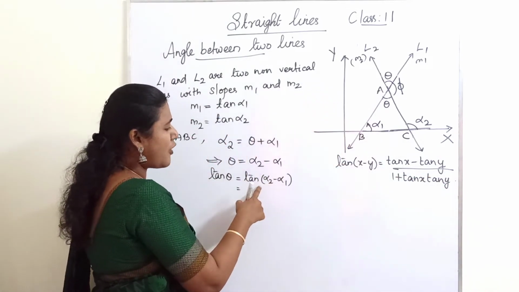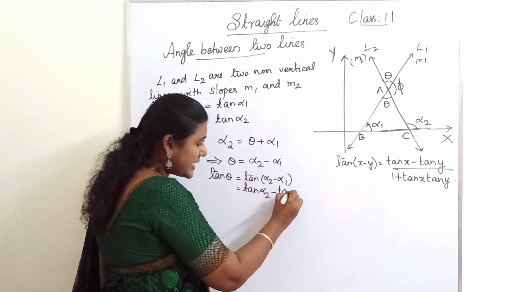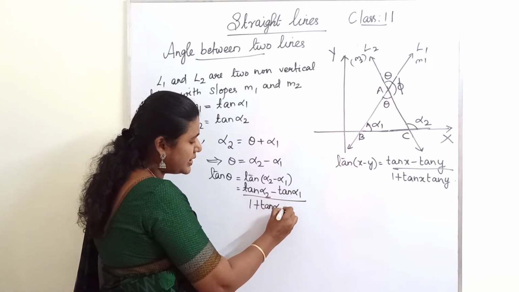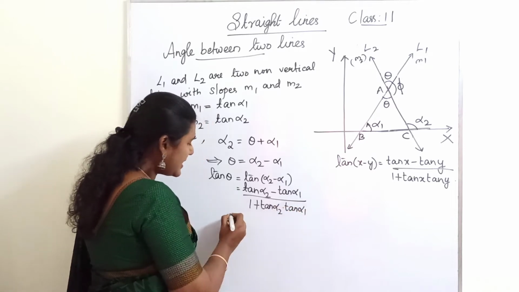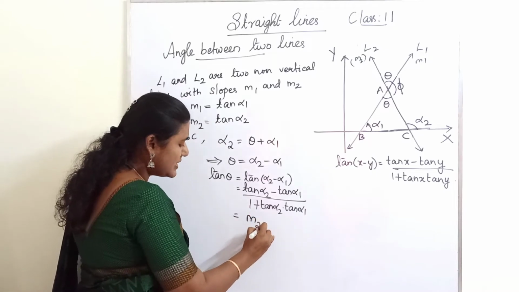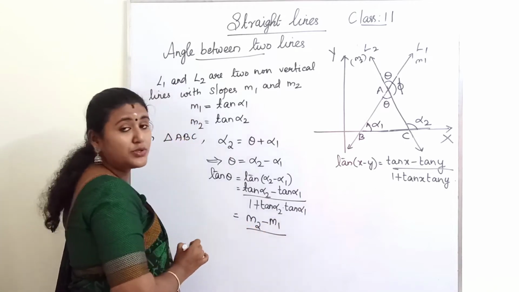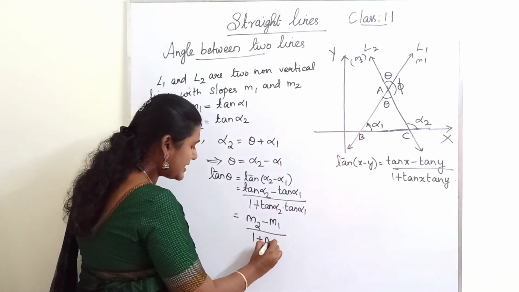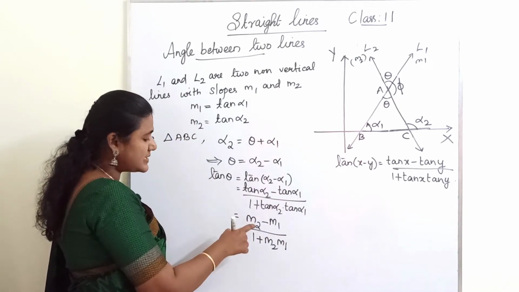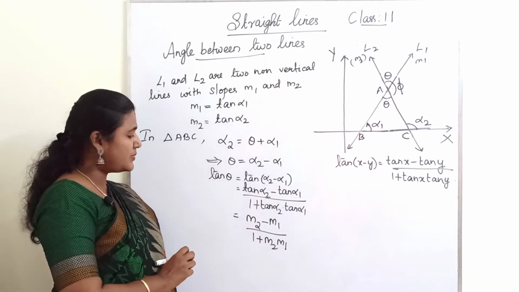Using this formula, we expand: tan alpha 2 minus tan alpha 1 divided by 1 plus tan alpha 2 into tan alpha 1. Tan alpha 2 is the slope of the second line, m2, and tan alpha 1 is the slope of the first line, m1. So tan theta is equal to m2 minus m1 divided by 1 plus m2 m1.